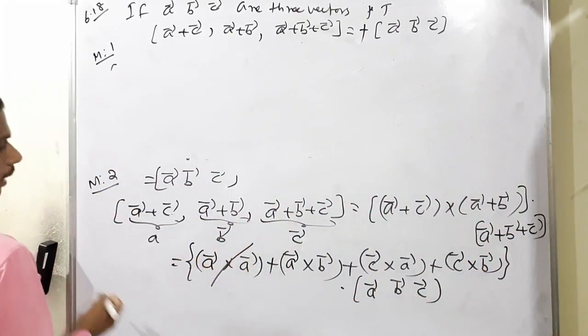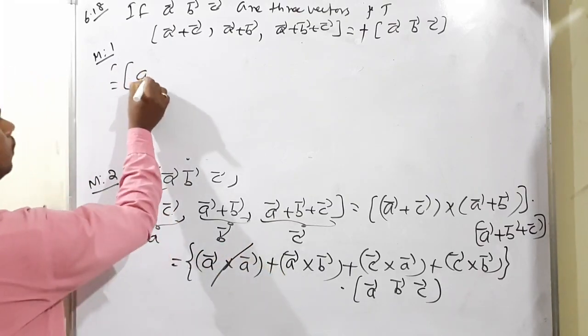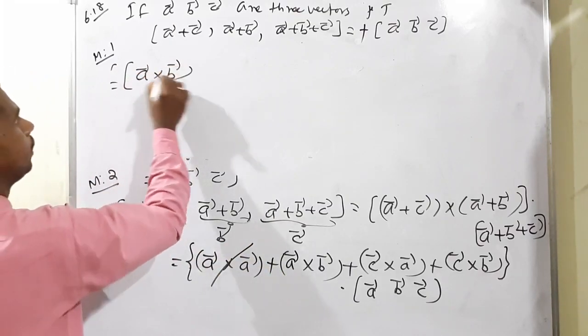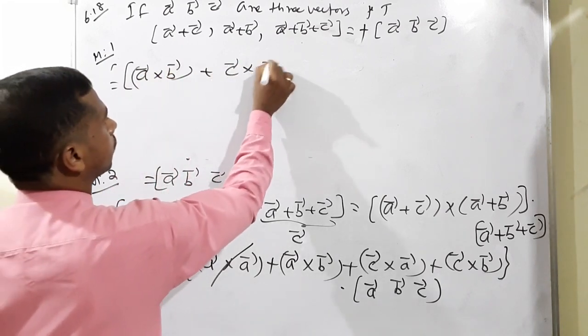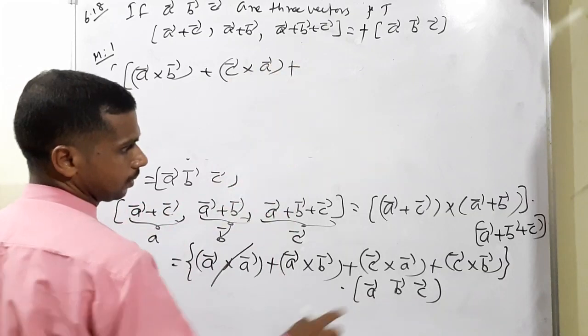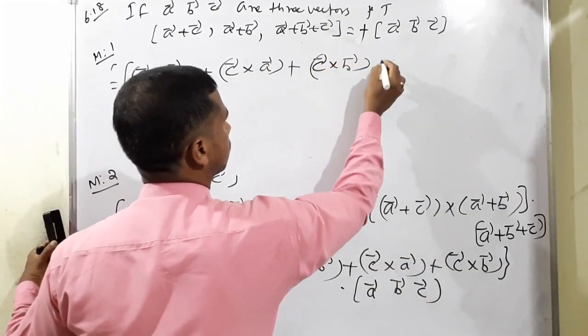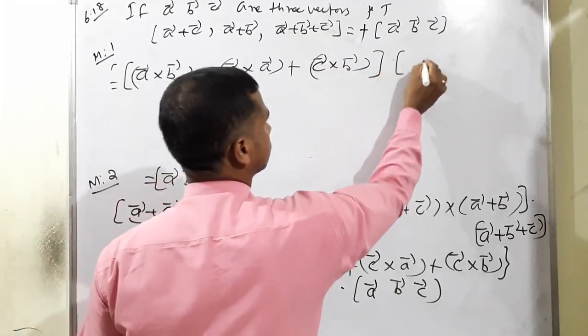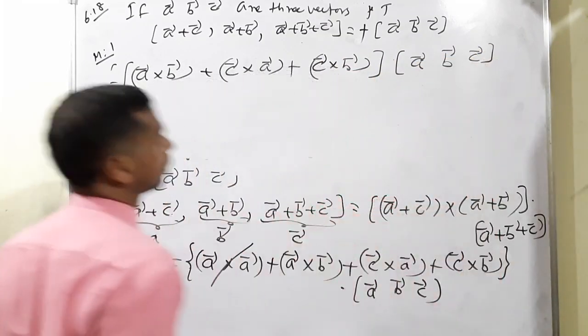A vector cross A vector cancels, being a like term. Now the remaining terms: A vector cross B vector, plus C vector cross A vector, plus C vector cross B vector, outside dot A vector plus B vector plus C vector.